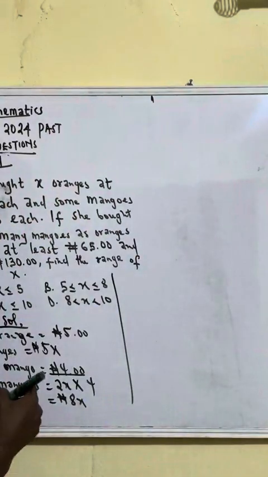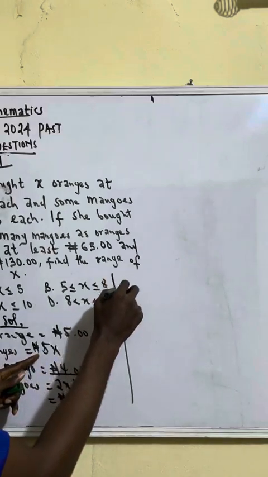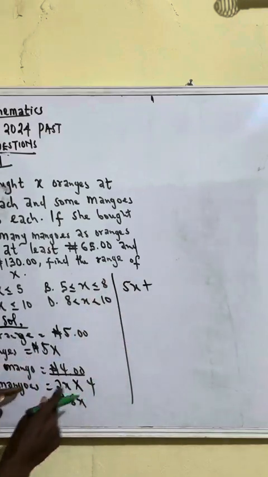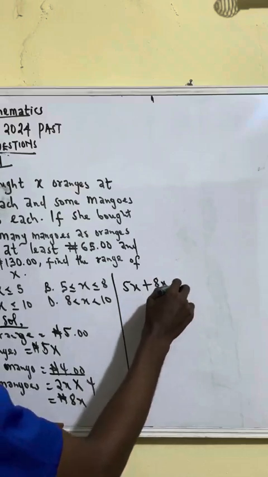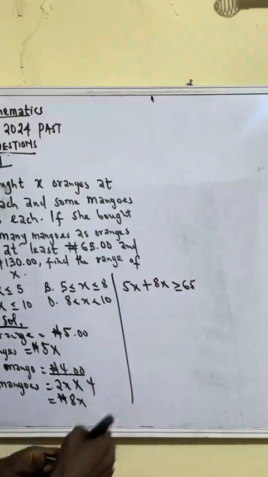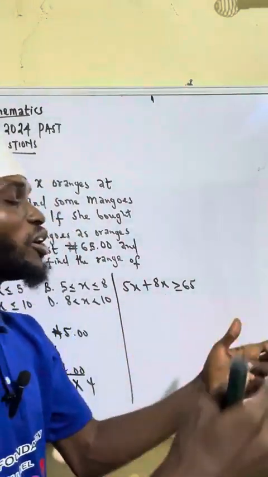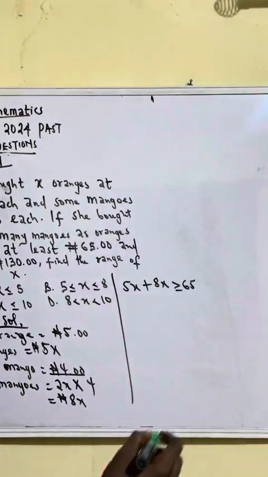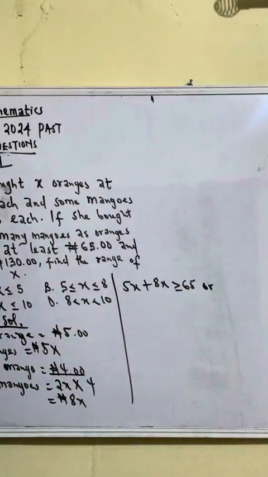So if we add the total amount spent on oranges, which is 5X, to the amount spent on mangoes, which is 8X, that should be greater than or equal to 65. That is at least, so it can be 65 or more. The second thing is that they also said at most 130 naira.